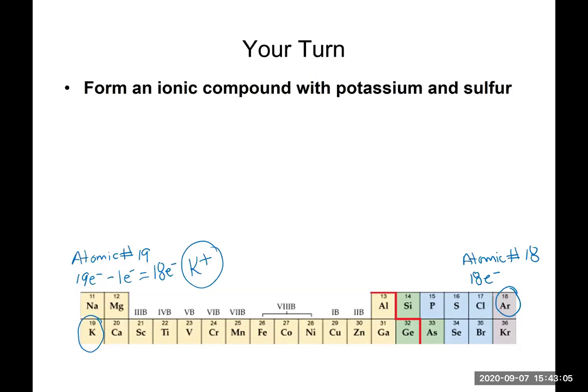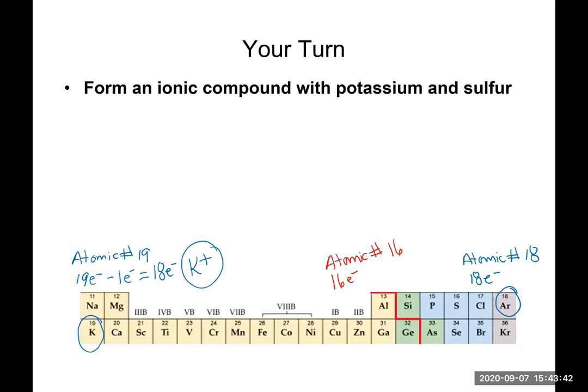Let's have a look at sulfur and see how sulfur behaves. Sulfur is closest to argon as well. Sulfur has an atomic number of 16. That means sulfur has 16 protons, and because it's on the periodic table, it's neutral, so it also has 16 electrons. But sulfur wants to have the same electron configuration as the noble gas that's closest to it.